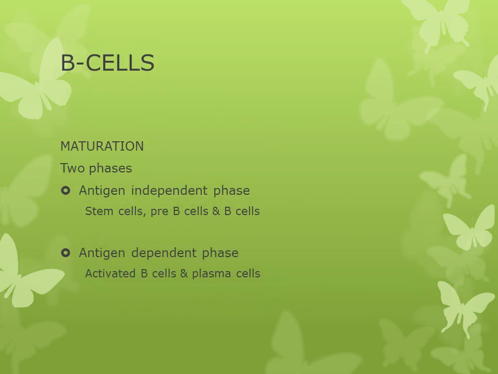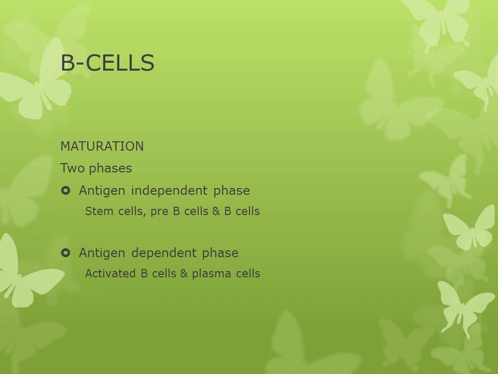Maturation of B cells occurs in two phases. Initially, there is the antigen independent phase, and the second one is the antigen dependent phase. The antigen independent phase comprises the stem cells. From the stem cells, the pre-B cells are formed, and these pre-B cells give rise to B cells. So this was the antigen independent phase.